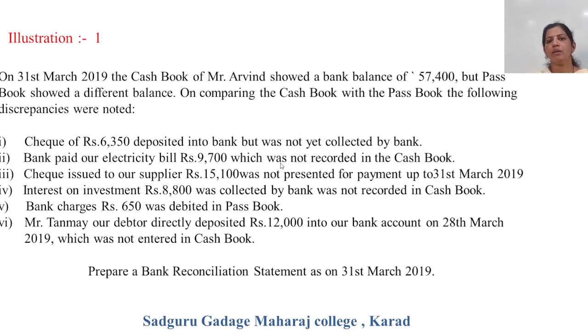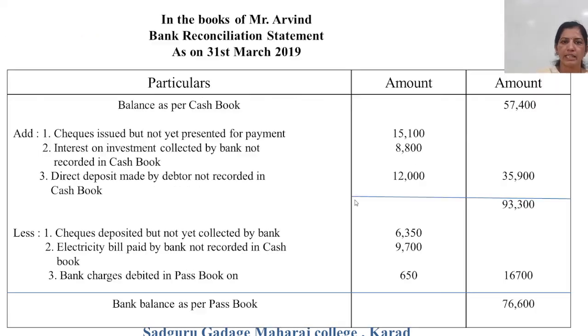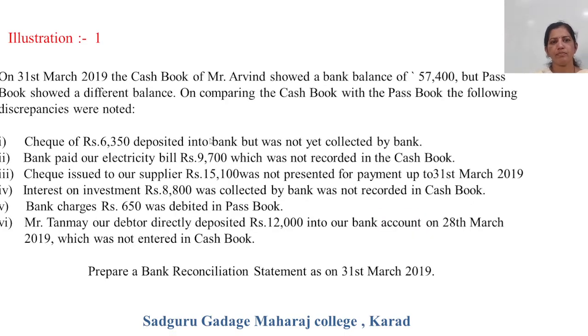Next, check issued but not presented for payment. Due to this transaction, the balance is to be increased because the check was not presented to the bank and the balance is not deducted. That's why we will add the transaction. Then next, interest on investment rupees 8,800 was collected by the bank but not recorded in the cash book.